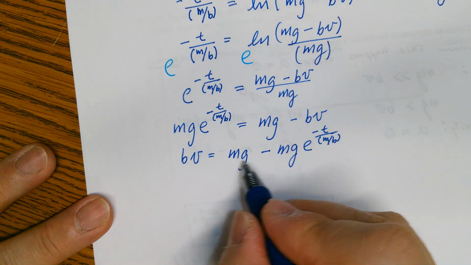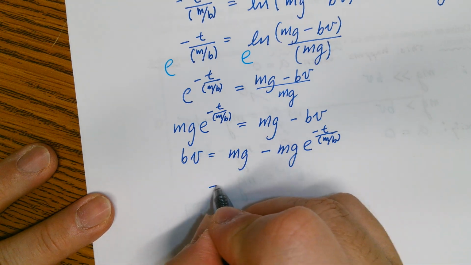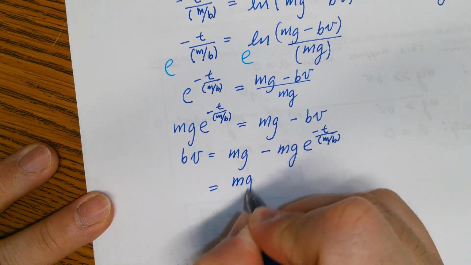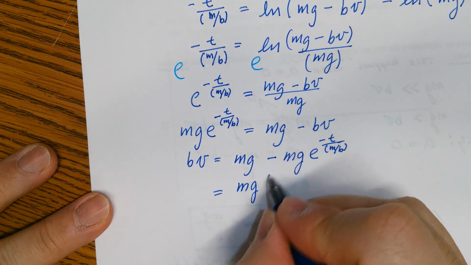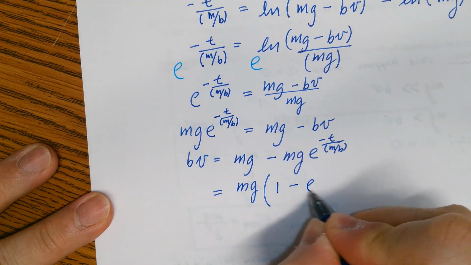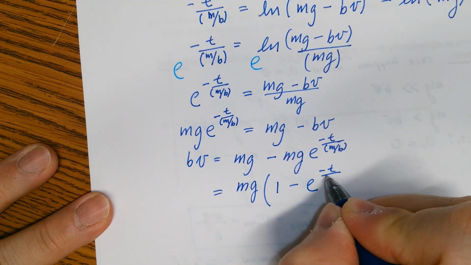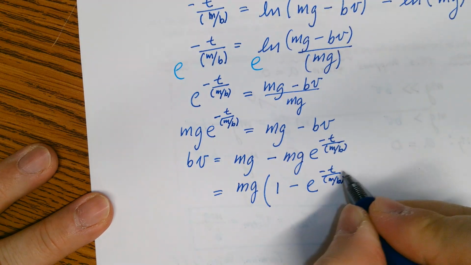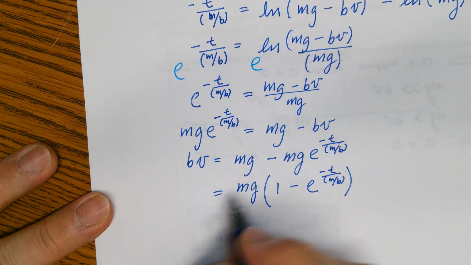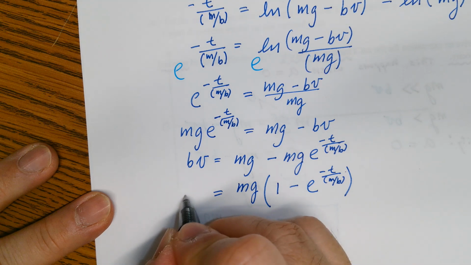I'm going to factor out the mg, giving 1 minus e to the negative t over (m over b), and divide both sides by b, and I get my v.